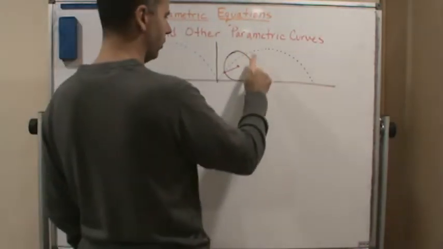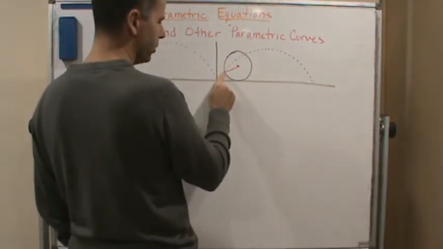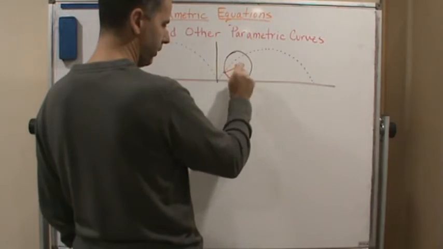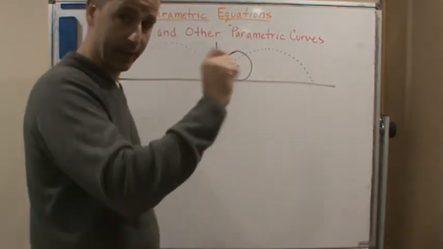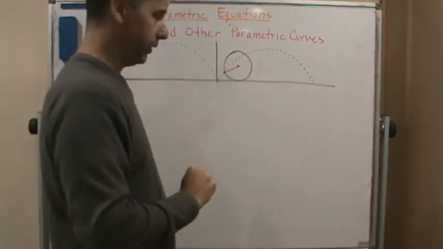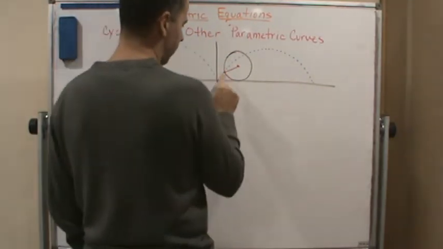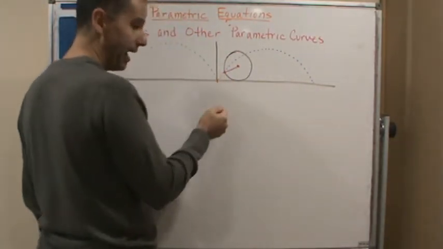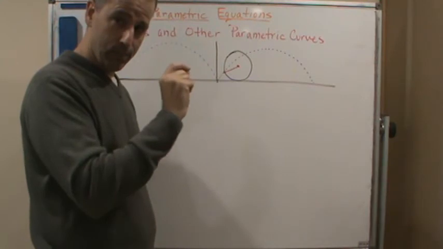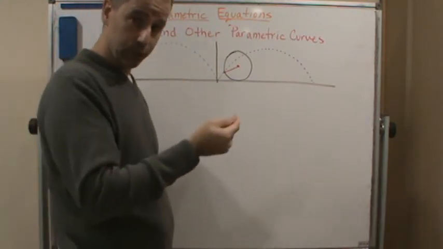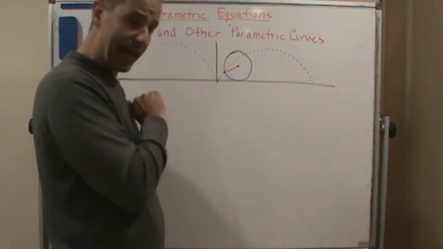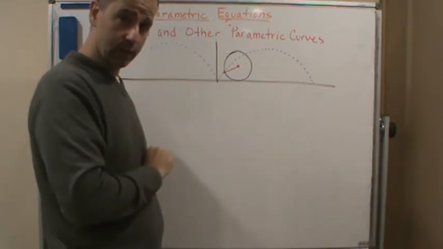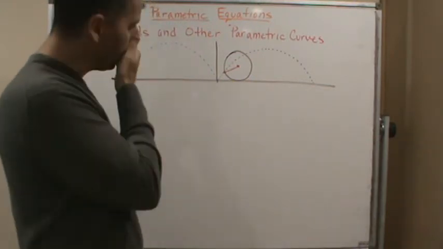So it's just rolling along, and we're going to mark the tire with chalk, with the yellow line, and we're going to follow the path that mark travels as the wheel rolls on the flat surface.